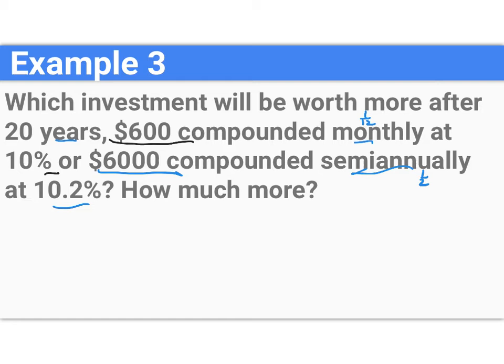All right, so first one is in black. Our formula, A equals the principal, the original amount, times 1 plus little r over n, to the n times time.